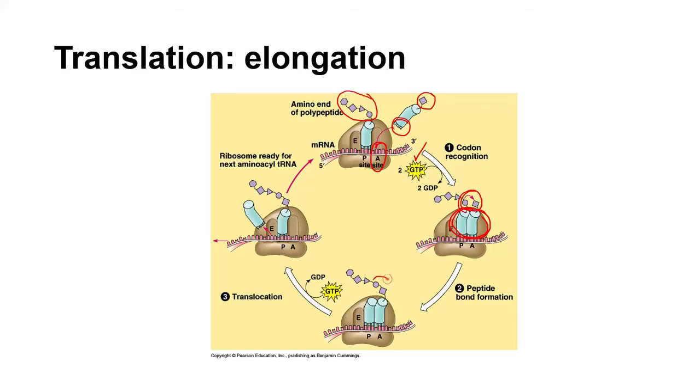And so here we see that the bond has formed, and this whole polypeptide chain has been transferred onto the tRNA in the A site right here. Well, we're going to spend a little more energy, kick the old tRNA out, this empty one.